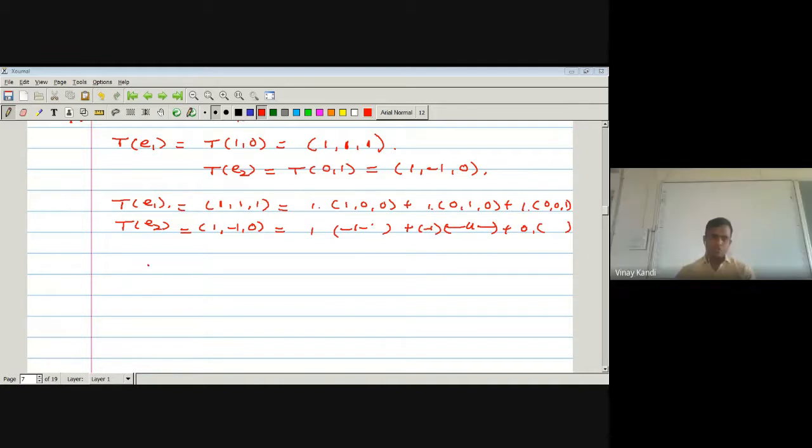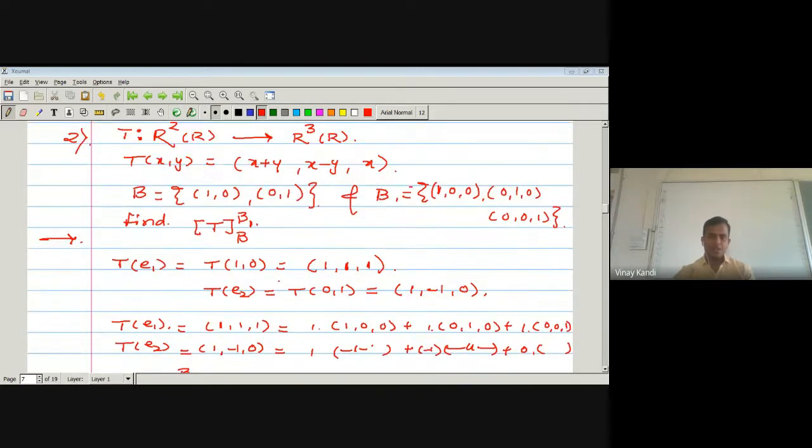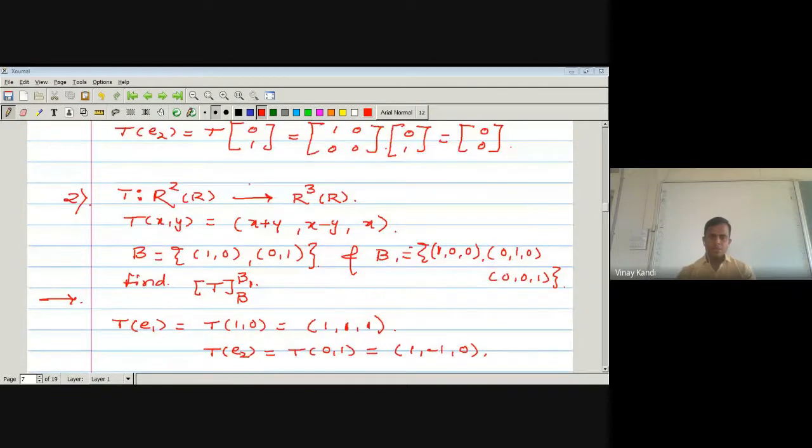So the matrix of T with respect to beta and beta 1 is equal to what? What is the dimension, what will the order be? The order is 3 by 2, so 3 rows and 2 columns. Whatever be the dimension of the codomain, that will be the number of rows, and whatever be the dimension of the domain, that will be the number of columns.